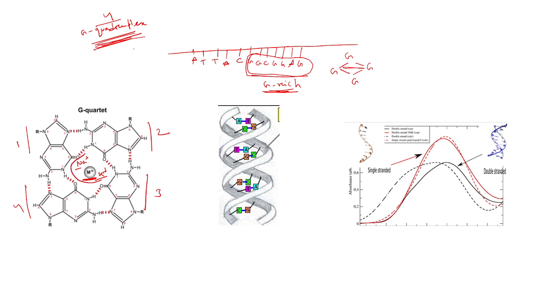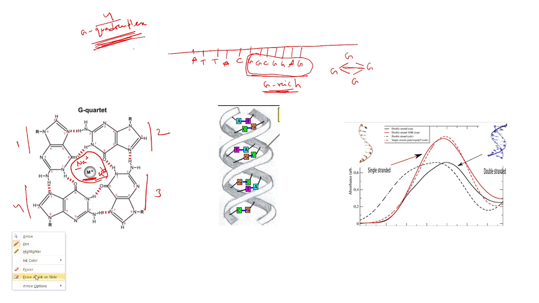The presence of sodium and potassium provides the stability of the G quadruplex. So the G quadruplex is present where the guanine rich region is present in the DNA, and always in the center a monovalent, especially sodium or potassium, is present to provide stability to the DNA.